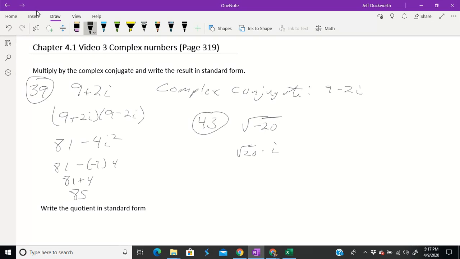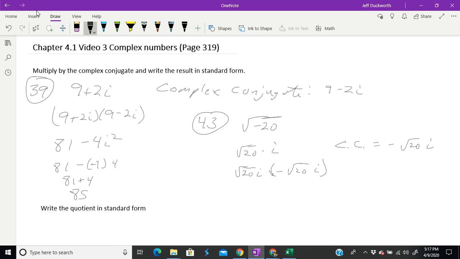So the conjugate of this would be negative root 20 times i. So the complex conjugate equals negative root 20i. So when we multiply them together, we get root 20i, and the i is not underneath the radical, times negative root 20i.